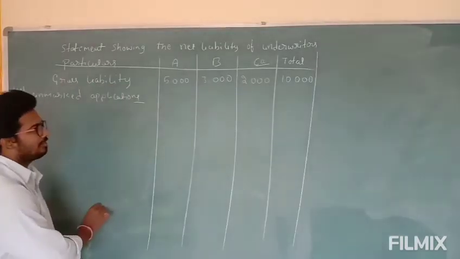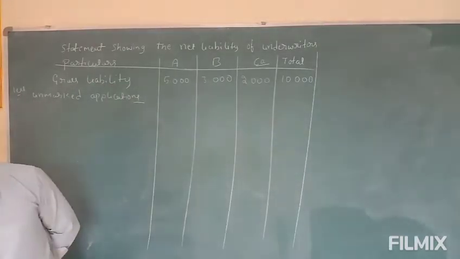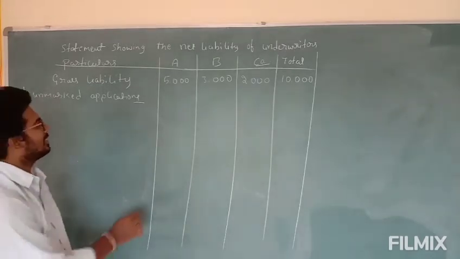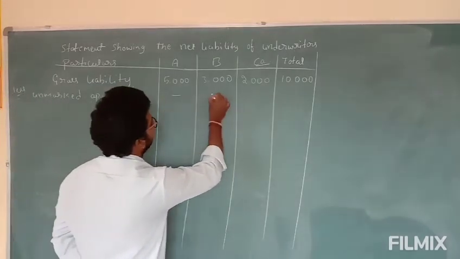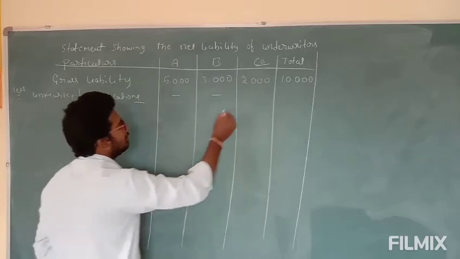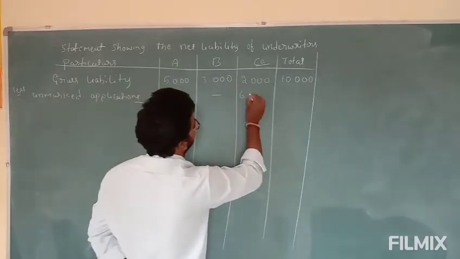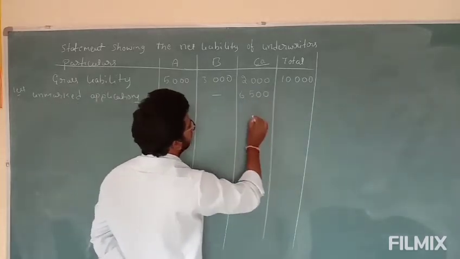So what we found was 6,500 unmarked applications here. So that will be A nil, B nil. The entire unmarked applications go to the company only.